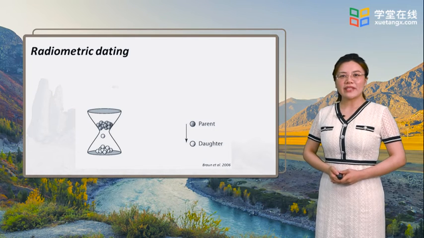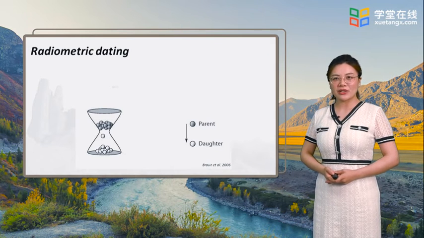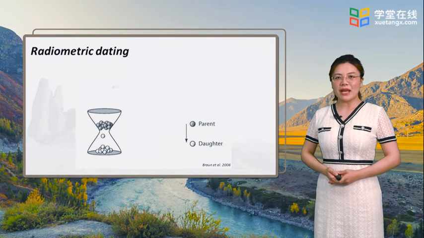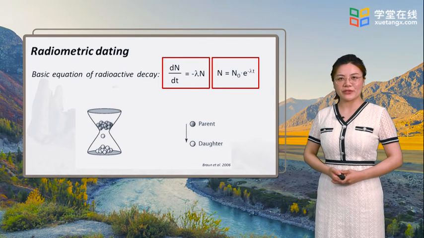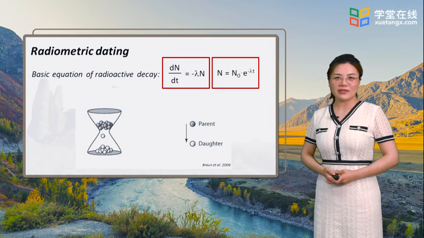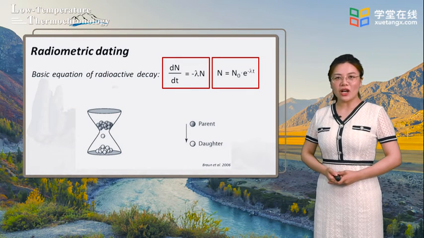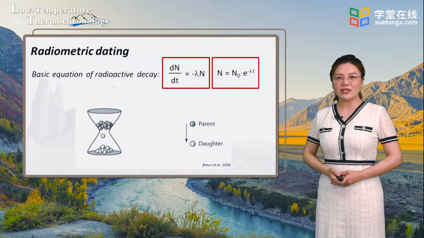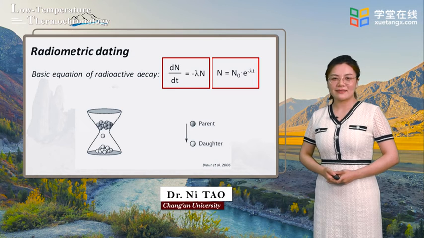The decay of the naturally occurring radioactive parent isotopes produces some daughter or radiogenic nuclei. Age is measured by the stable radiogenic daughters of radioactive decay of the unstable parent isotopes contained in minerals, as is shown in the two equations here, where N0 is the number of atoms of the parent isotope present at the beginning, and e is the natural logarithm base.